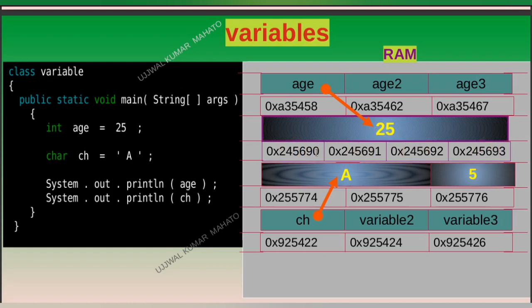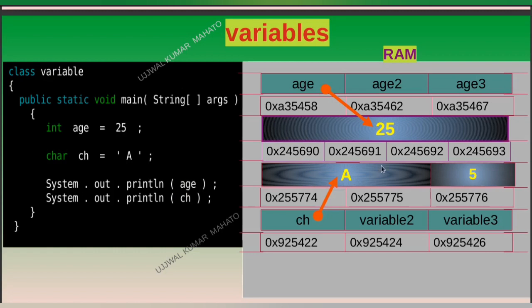So 25 is stored by taking totally 4 bytes, and age has the reference of value 25, so we get the 25 value by writing age as the input inside println. Here also similarly you can see A is stored somewhere in the RAM.